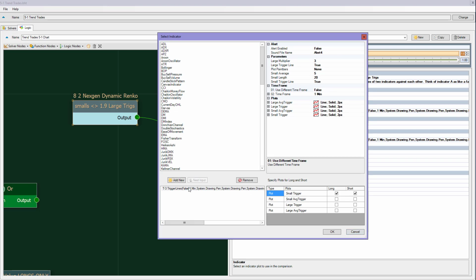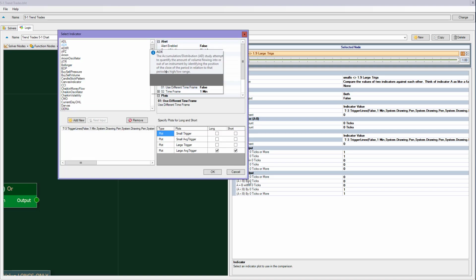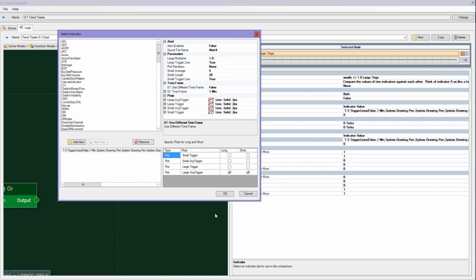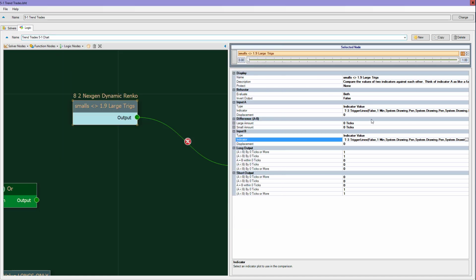The T3 trigger lines is the indicator, and the small trigger, which is the faster line, is above or below the large trigger line average. Remember our large triggers? So what this does is if the small triggers are above or below the large triggers, paint the background color. That's all it says.